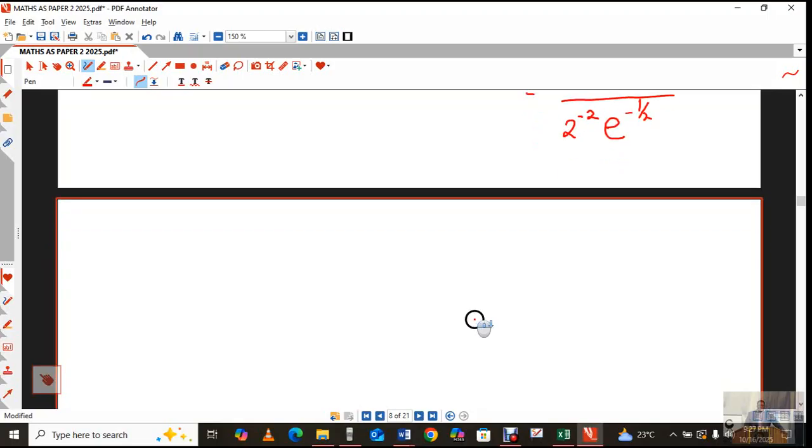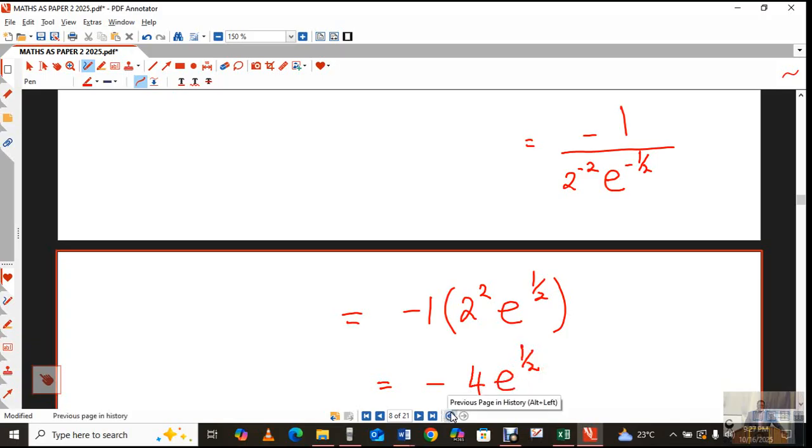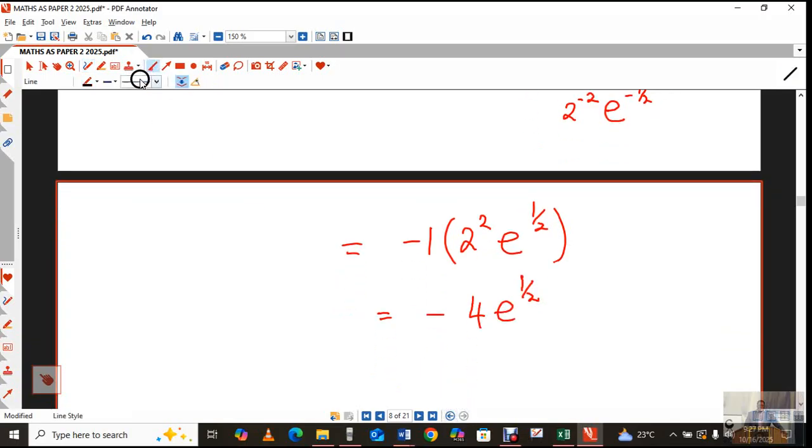Eventually, all this becomes positive, so this becomes negative 1 on top. Then it's going to be 2 squared e raised to the power of a half, as you now put those values on top there. It's going to give you negative 4 e raised to the power of a half. And this is the exact answer that they required.